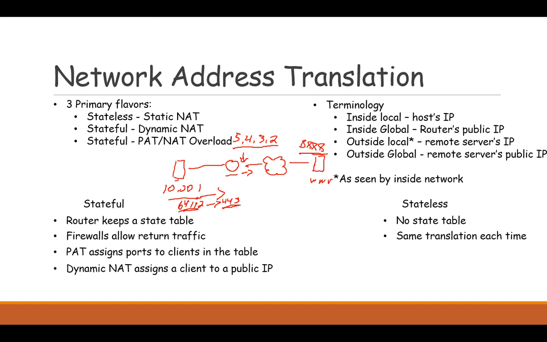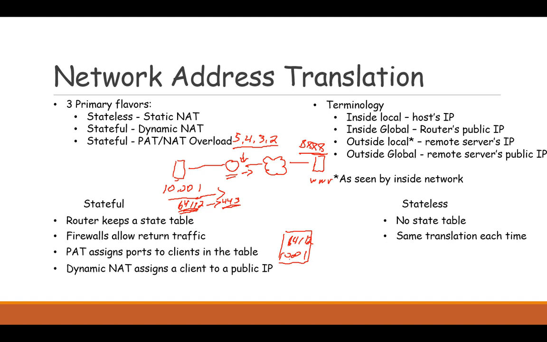It might if that port is available in the translation table on your router, but it might not if it's not available, and it might change that source. If it is available, then the router goes ahead and it's got a table here where it ends up saying that source port 64112 ends up going to 10.0.0.1.